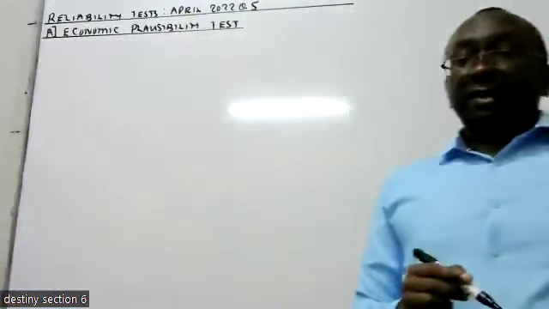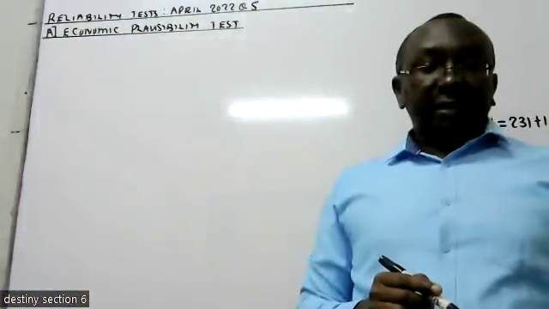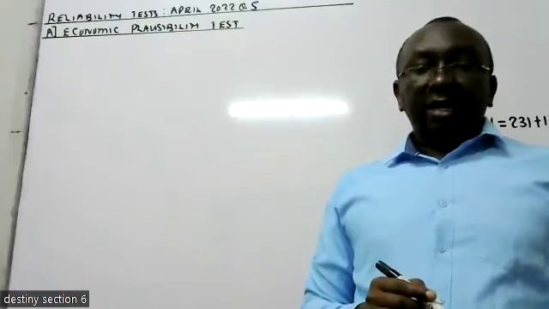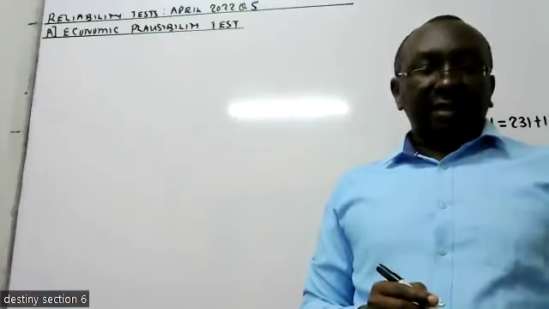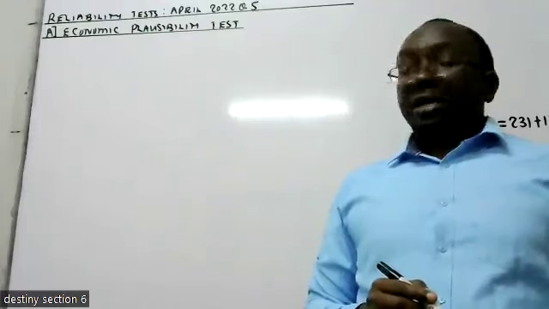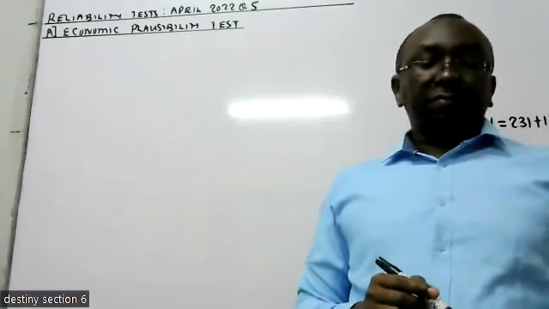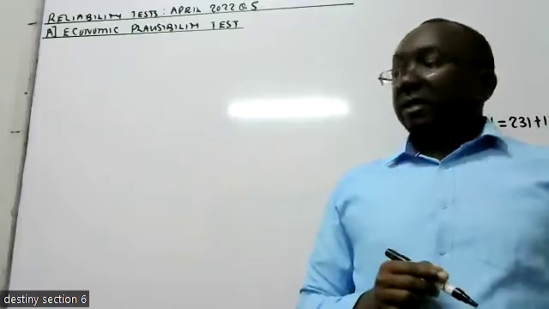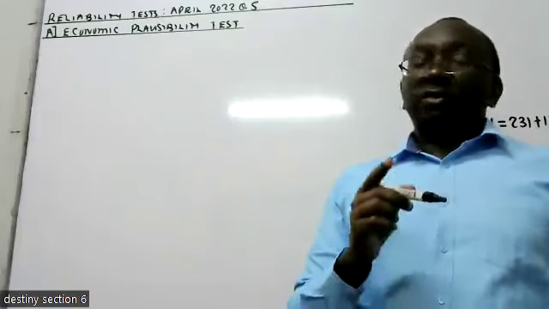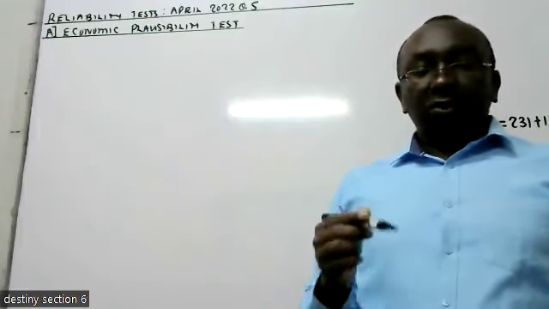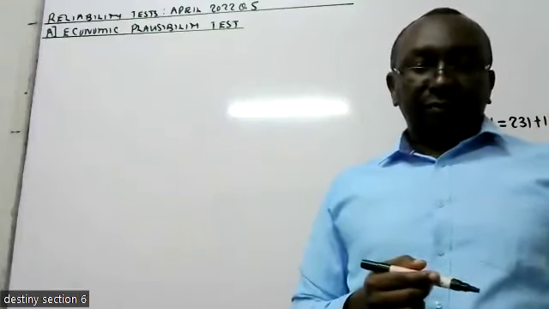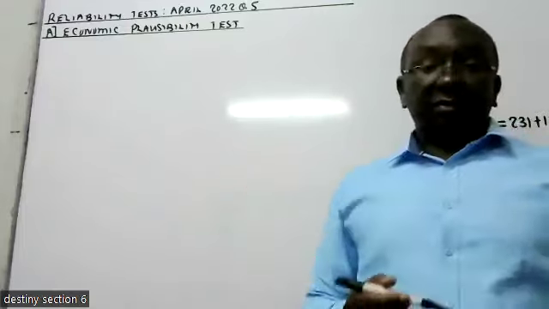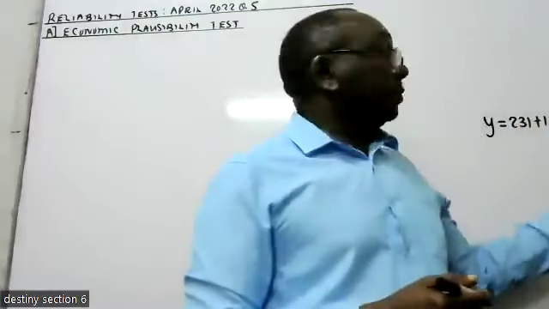economic plausibility test is simply a test that we do to check whether the relationship is logically defensible. A relationship is logically defensible if what we have seen in one sample is what we shall see in other samples. Like now in this question, we dealt with 12 items and we got this equation.